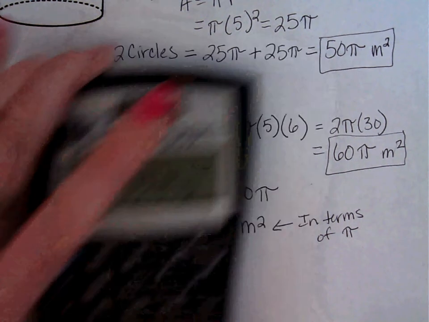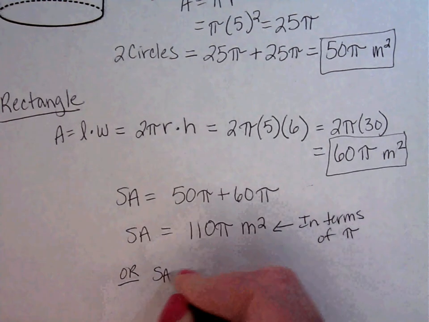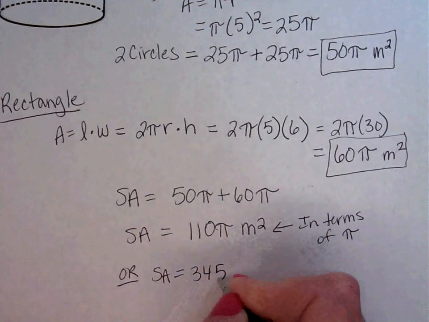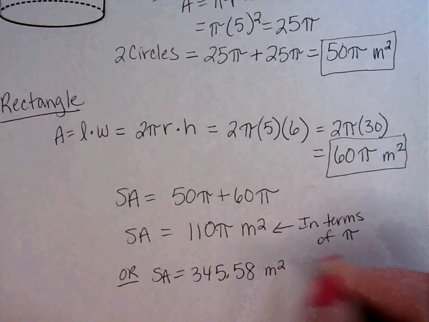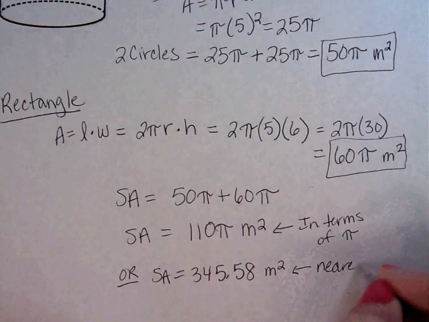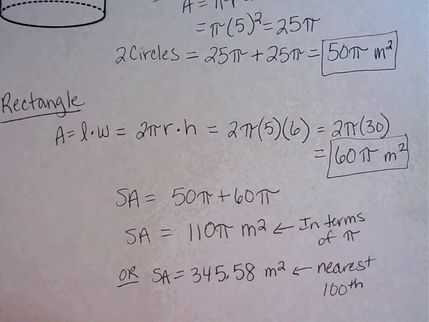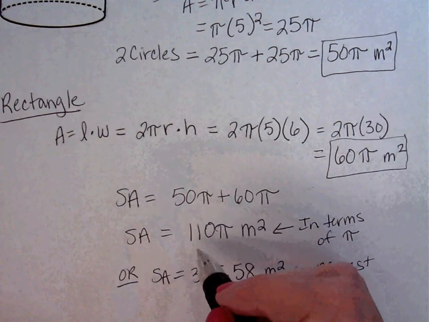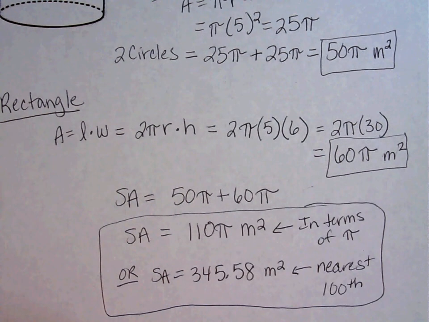So it's going to be 345.58 meters squared. So this would be nearest hundredth. So it depends on the question and what you're going to write down for your final answer and how you're going to answer that question.